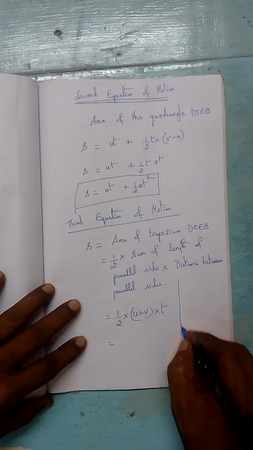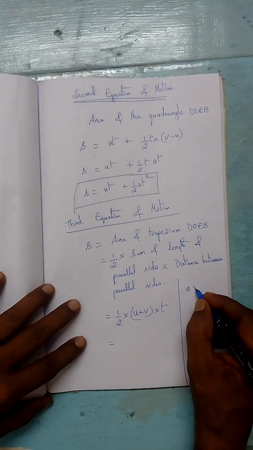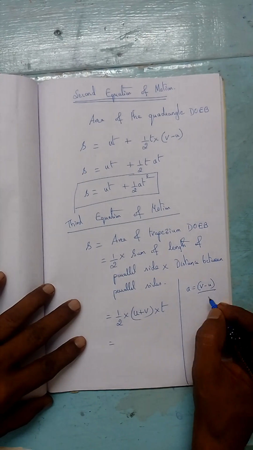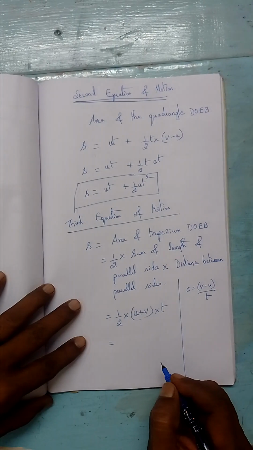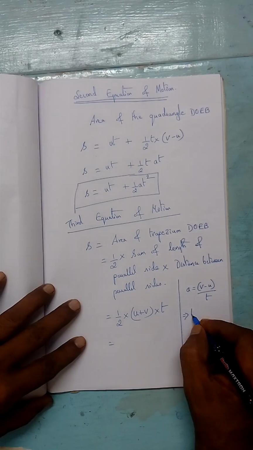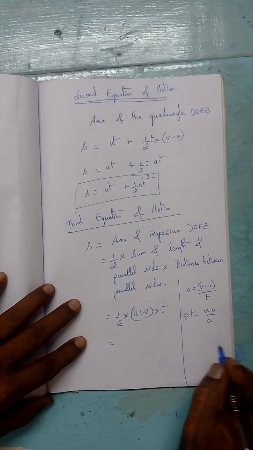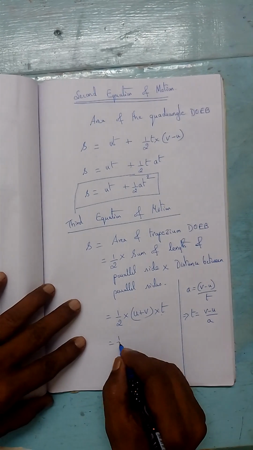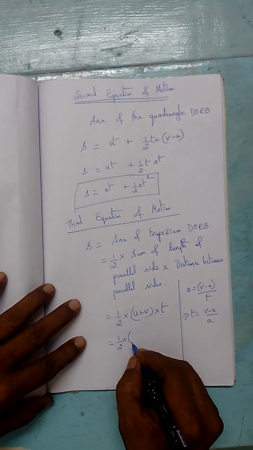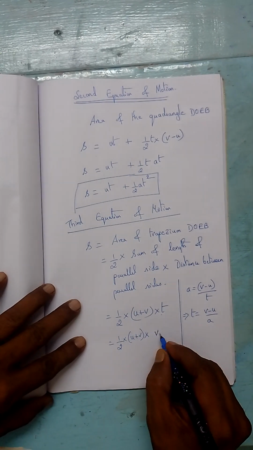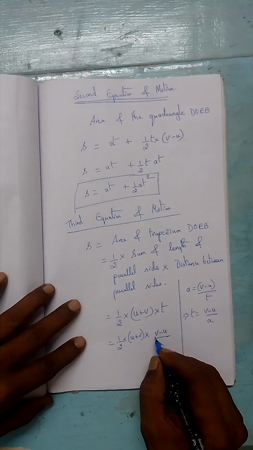Now we already know that a is equal to v minus u by t, or implies t is equal to v minus u by a. So in the place of t you can write v minus u by a, half into (u plus v) into (v minus u) by a.